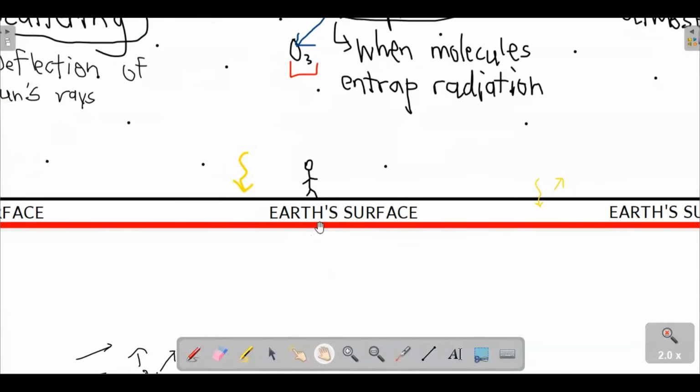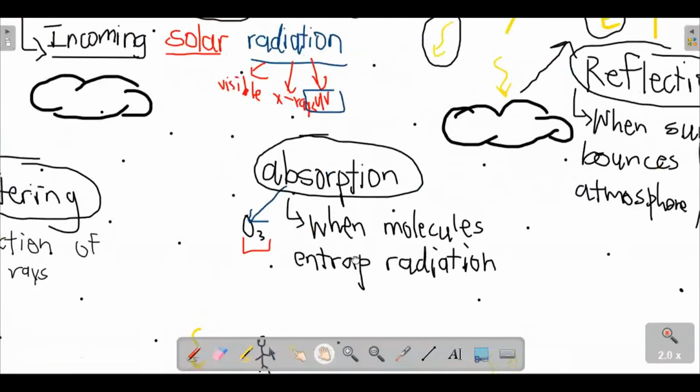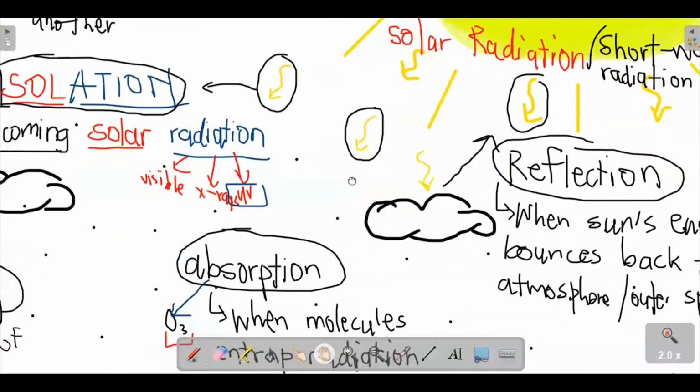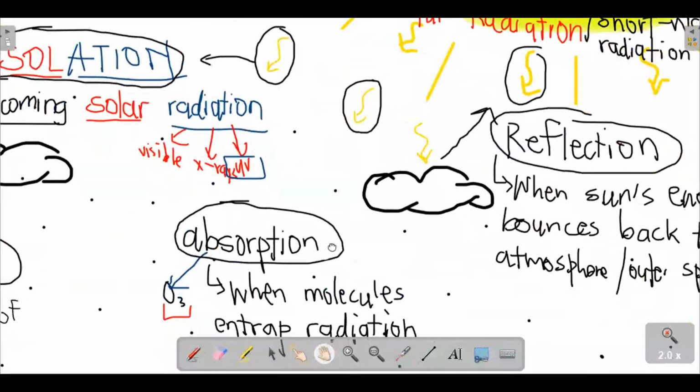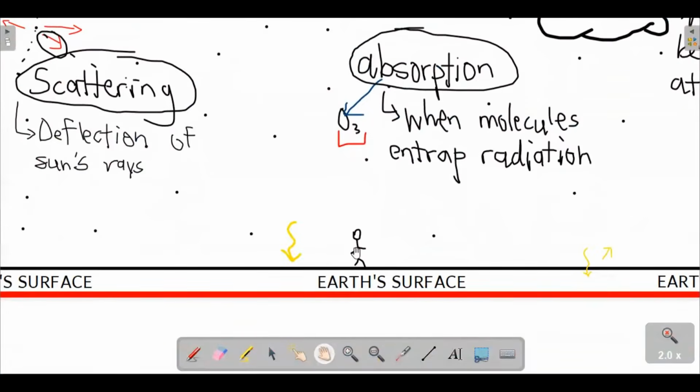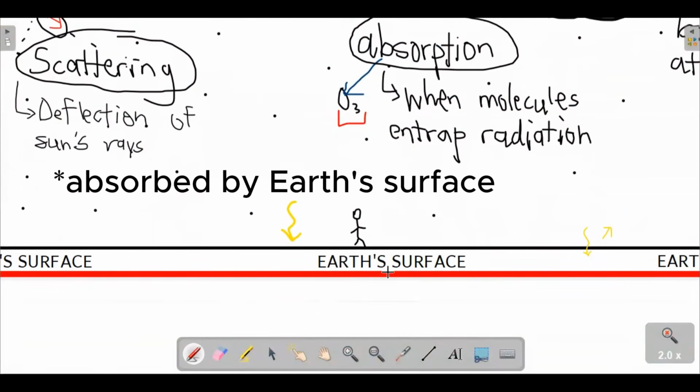So the Earth's surface absorbs this solar radiation, even though it does not get here as full or as completely as it was when it was sent, because some of it is absorbed, some of it is reflected, some of it is scattered by the gases or the molecules of the atmosphere, and then whatever remains is absorbed by the Earth's atmosphere.